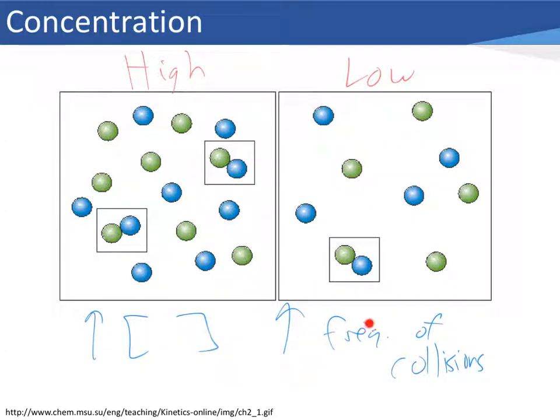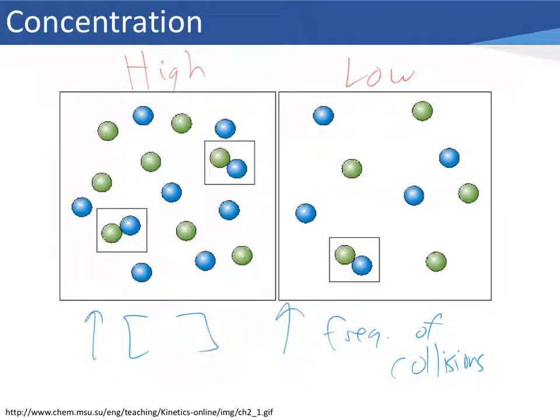I want to emphasize the word frequency here. It doesn't increase the number of collisions, it increases the frequency of collisions, because the number of collisions is time dependent. Wait an hour, you will have more collisions than if you waited a minute, no matter how slow you were going. So higher concentration increases the frequency of collisions.